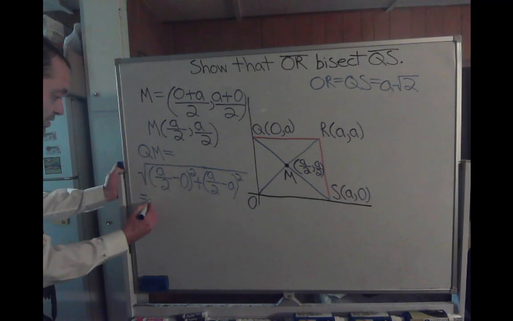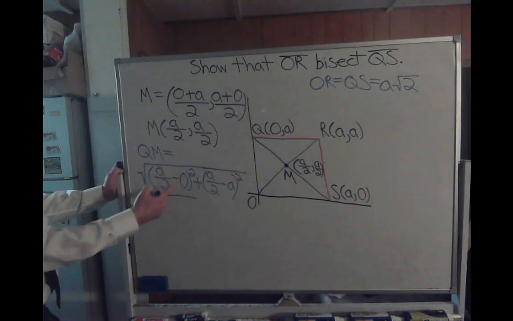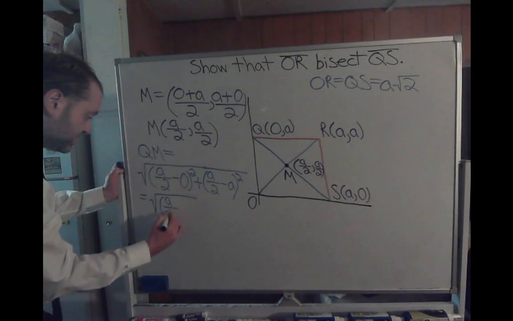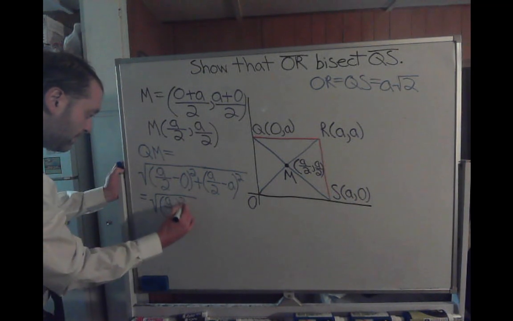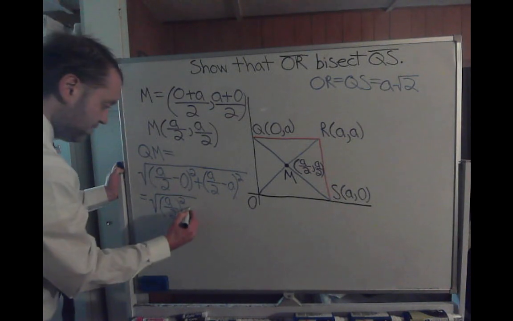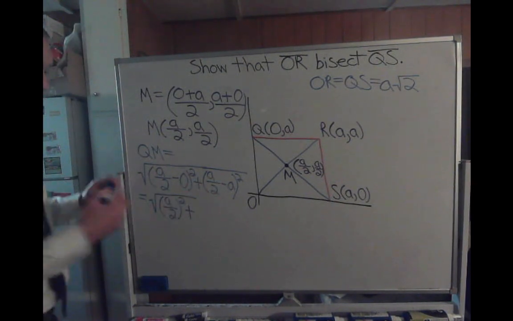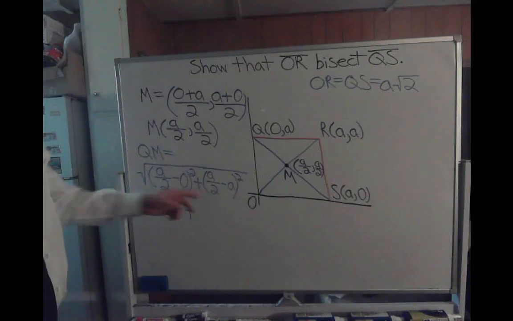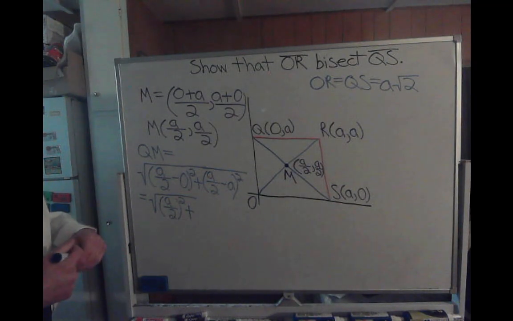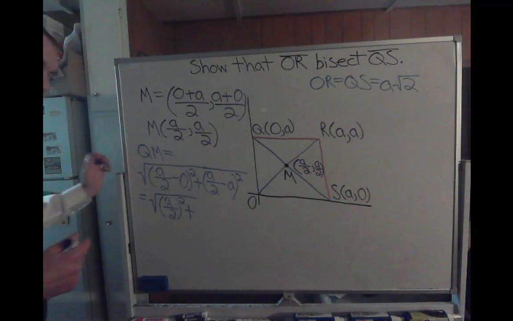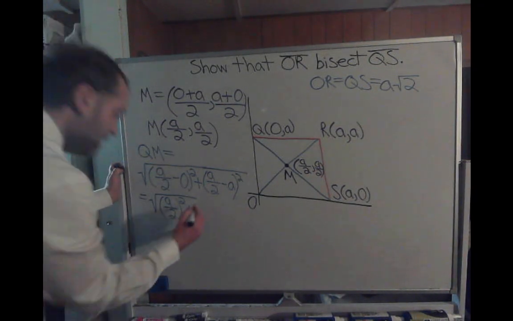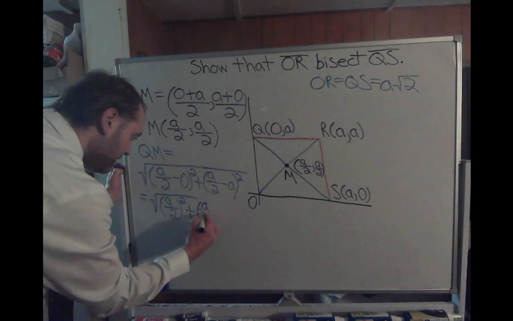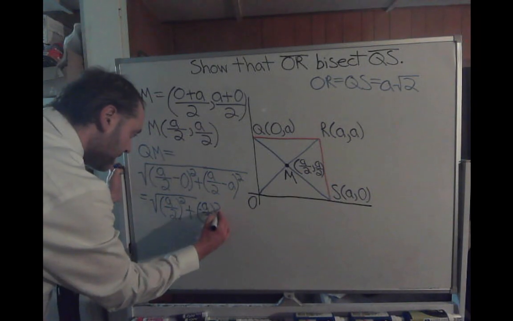So then we continue here with our distance formula. A over 2 minus 0, that's just A over 2 to the second power, which then plus you'll have A over 2 minus A. Well, A could be the same as 2A over 2, right? So if you did A over 2 minus 2A over 2, you would get negative A over 2 raised to the second power.